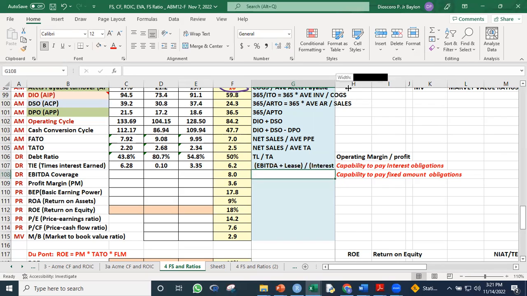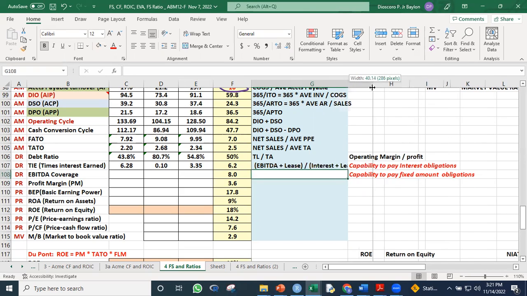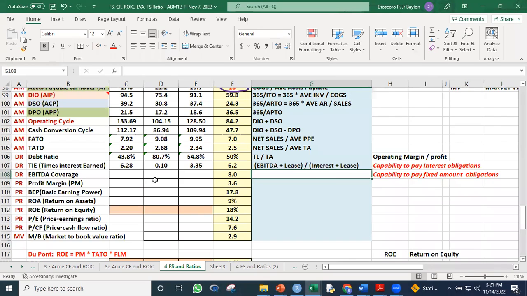All right, I'll give you 1 minute plus, and then magko-compare tayo ng EBITDA coverage na formula. Okay, let me pause share. All right, so please go. And once you're done, kindly chat in the chat box. Ano yung nakukuha nyo, what do you get for your EBITDA coverage?